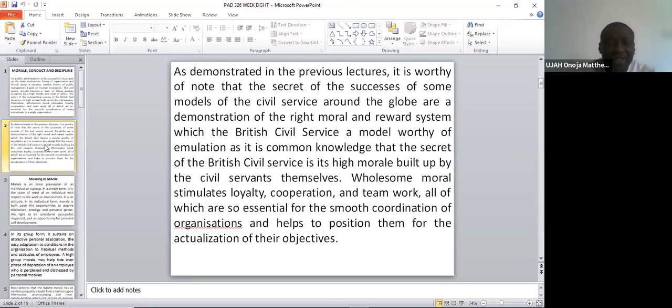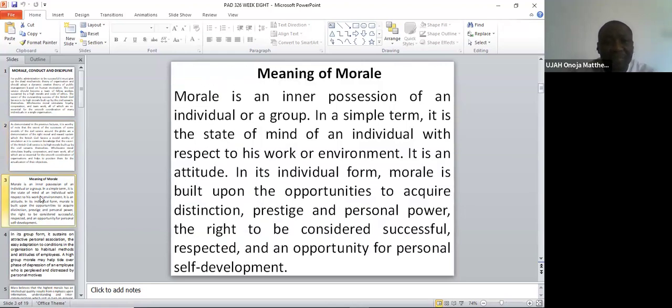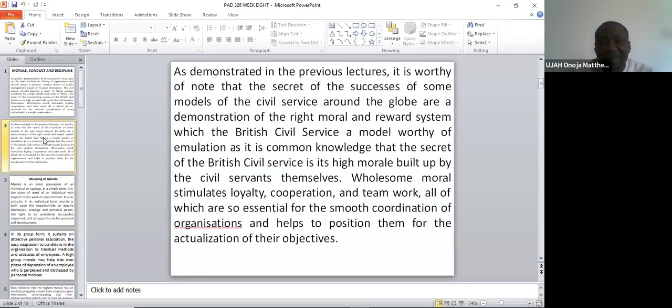So it is common knowledge that where the system favors an improved arrangement, where the welfare of the civil servant is guaranteed, there is bound to be productivity within such an arrangement. And when the environment is a friendly one for people to apply their knowledge, and the requisite training is guaranteed, you would find productivity to be the end result of such an arrangement.